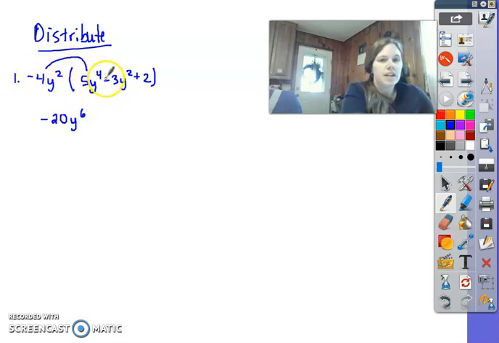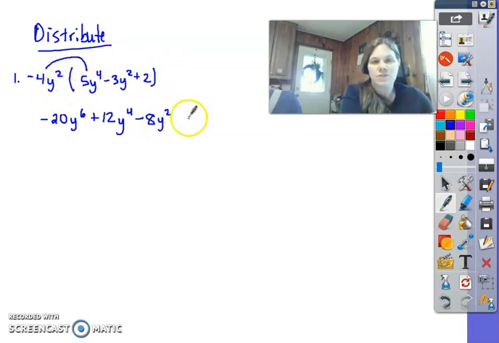Negative 4 times negative 3, ooh, catch that positive. Y squared and y squared gives you a total of y to the 4th. And then, oh, hopefully you caught this negative. Negative 4 times 2 is negative 8. And the 2 doesn't have any y's on it, so this guy stays exactly the same. We're not going to change the exponents if there are no additional y's to multiply it by to raise that exponent. All right, hopefully that went well.